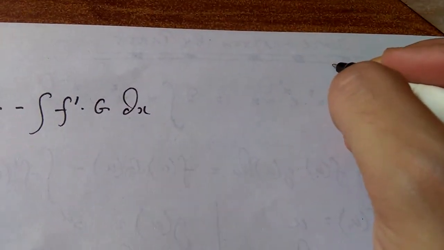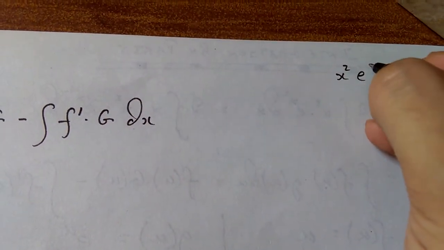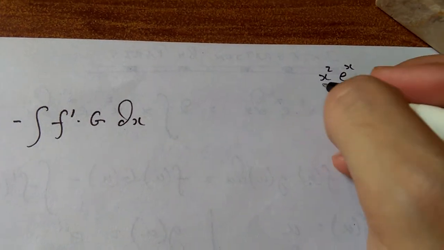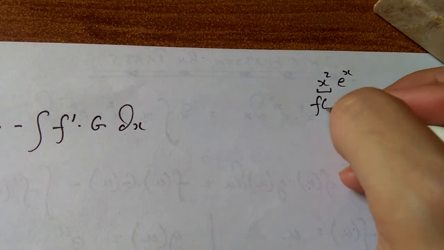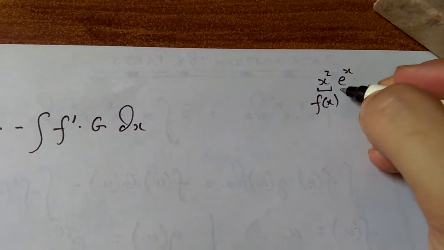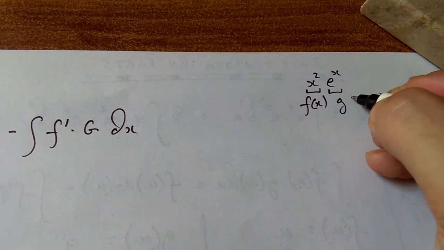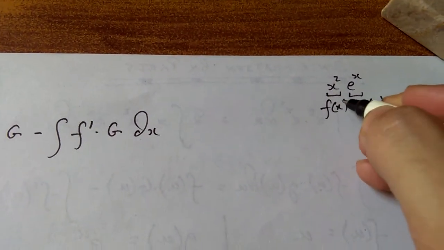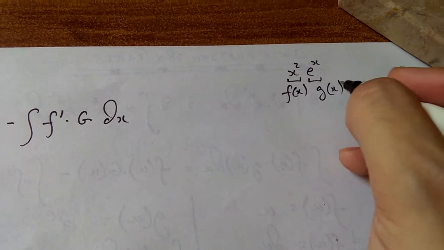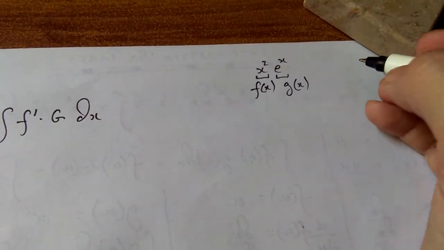And if you have an integrand which is expressed as the product of a polynomial and an exponential, always take the polynomial as your f of x, and exponential as your g of x. This is the function to be differentiated, this is the function to be integrated while performing the by parts.